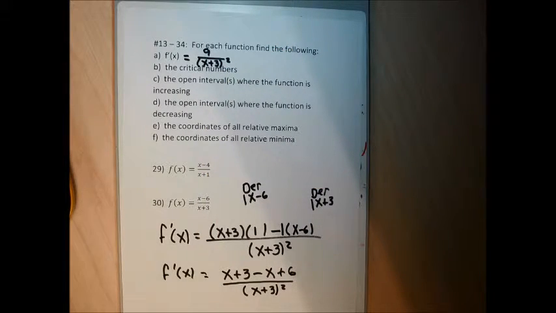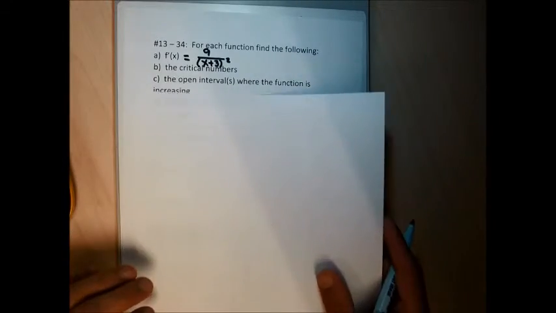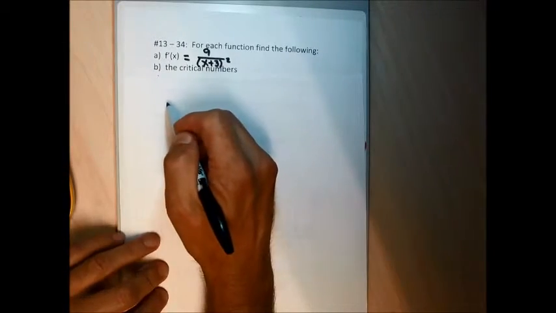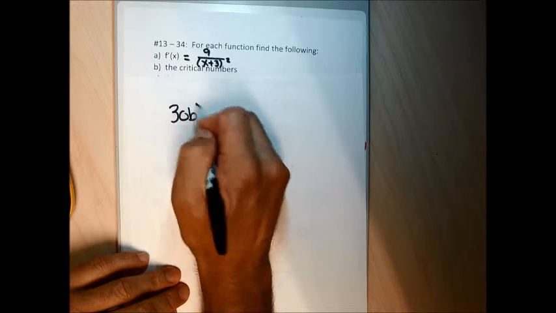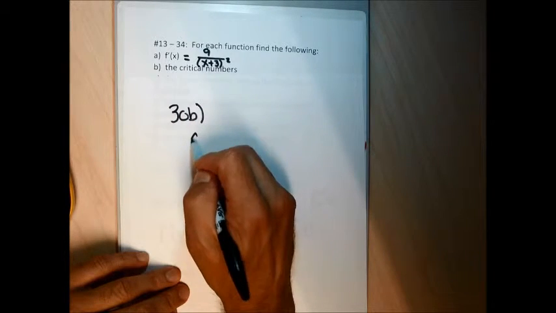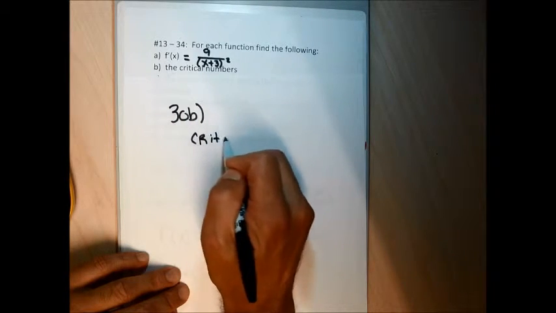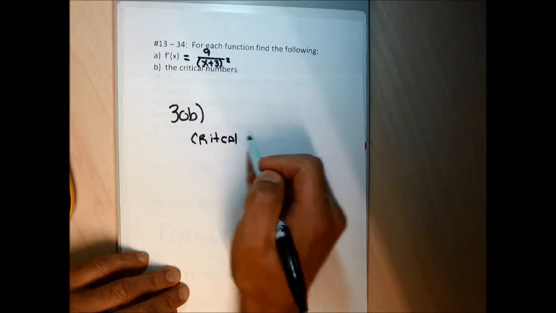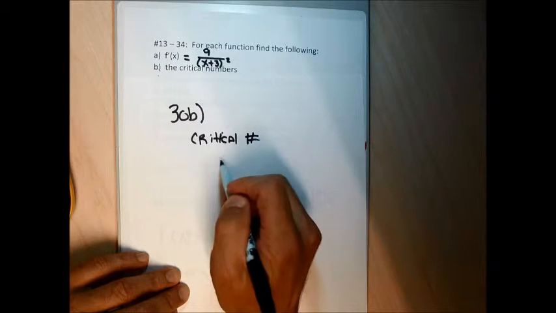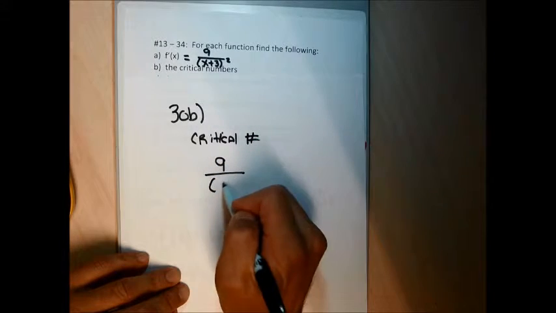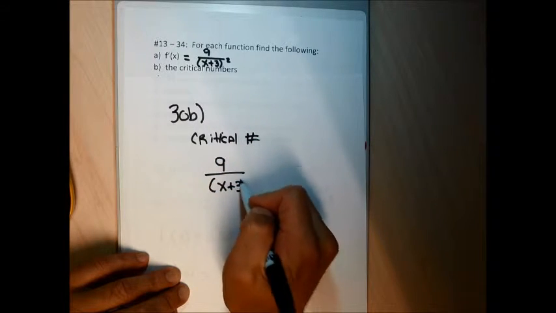To move into part B by hand to find the critical numbers, I find the value of x that makes the fraction equal to 0 by setting the whole fraction equal to 0.